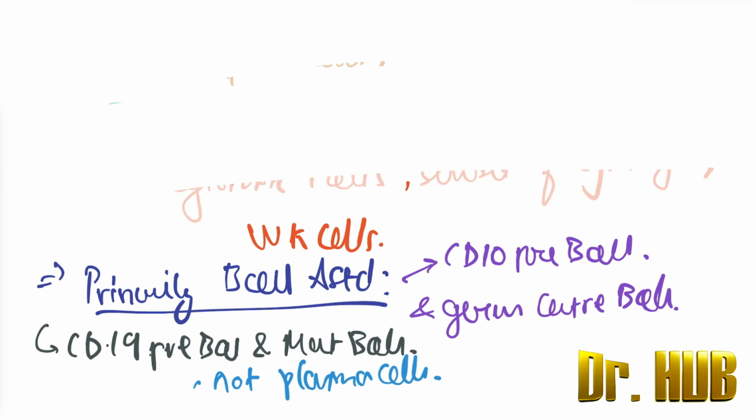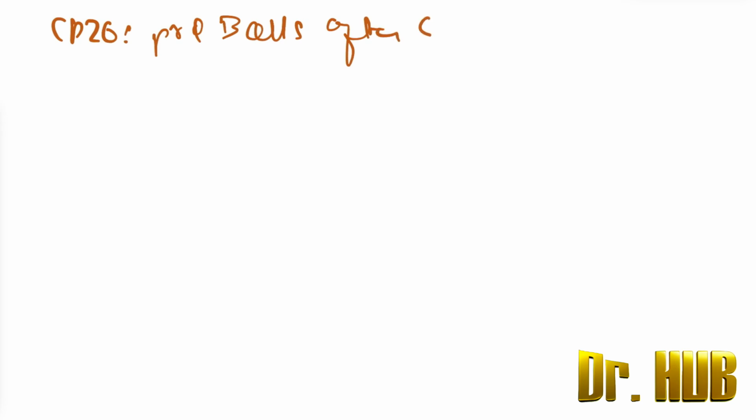Next in line we have the CD20, found on pre-B cells after CD19 and on mature B cells, but not plasma cells.